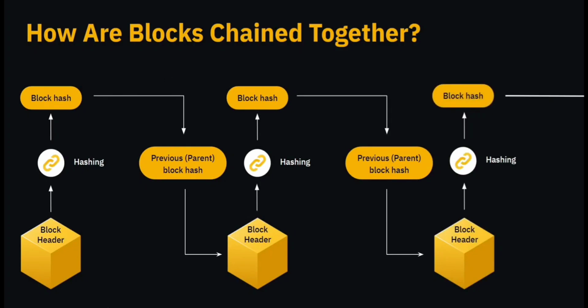Any attempt to modify the data in a block will result in the change of its hash value, which will also affect the hashes of all subsequent blocks. This makes it difficult to tamper with blockchain data, as any changes will be immediately detected. Therefore, every new block must use the hash of the previous block as its identifier.